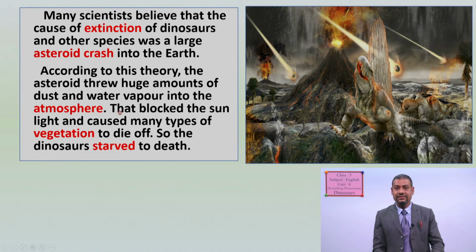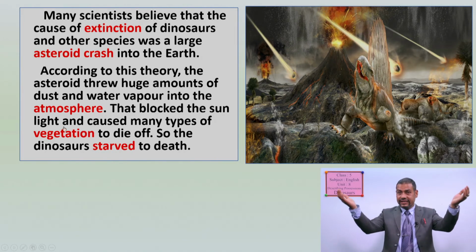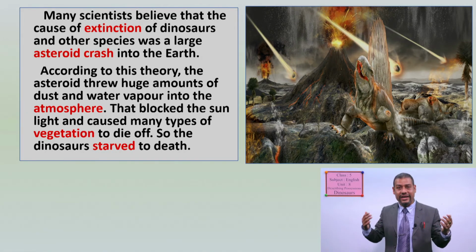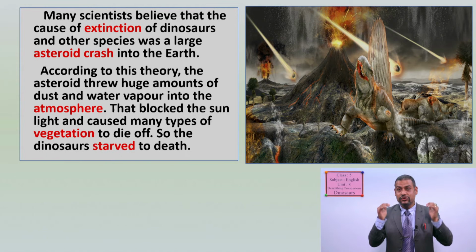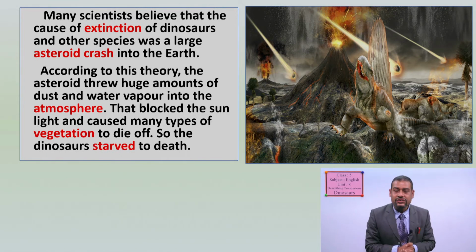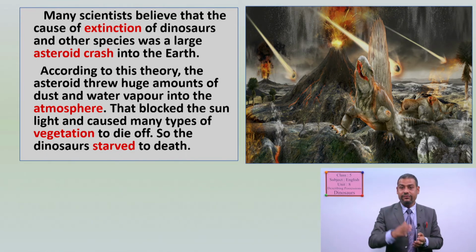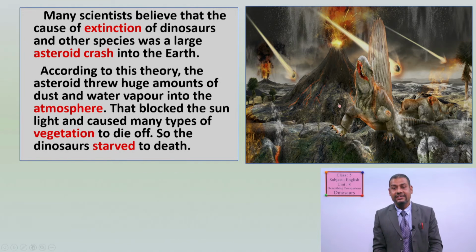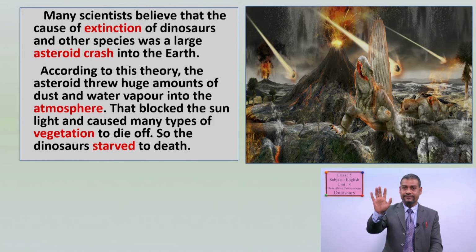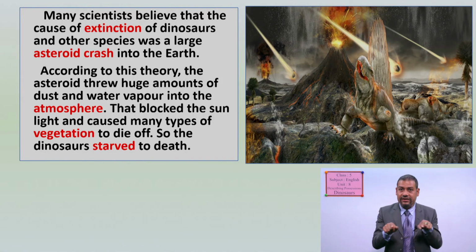Another reason is that it blocked the sunlight. If we don't get light from the sun, what would happen? Oh my God, it would be really difficult for us to live. Even big creatures like dinosaurs were killed. The sunlight was blocked, and the atmosphere was filled with dust and water vapor.